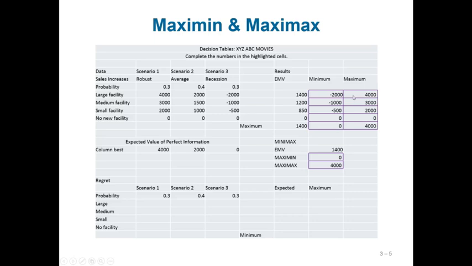And for Maximax, you're going to find what's the best in this row and put it over here. And so you have 4,000, 3,000, 2,000, 0. And so this cell right here is, what is the maximum of all of these? And that's the 4,000. And those then transfer down here. So your Maximin goes here, and your Maximax goes there.